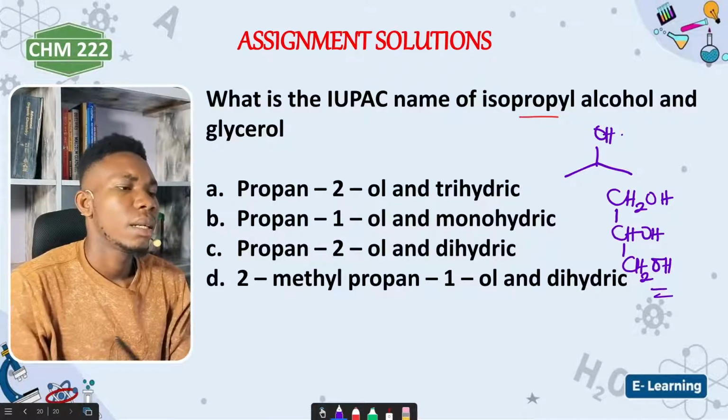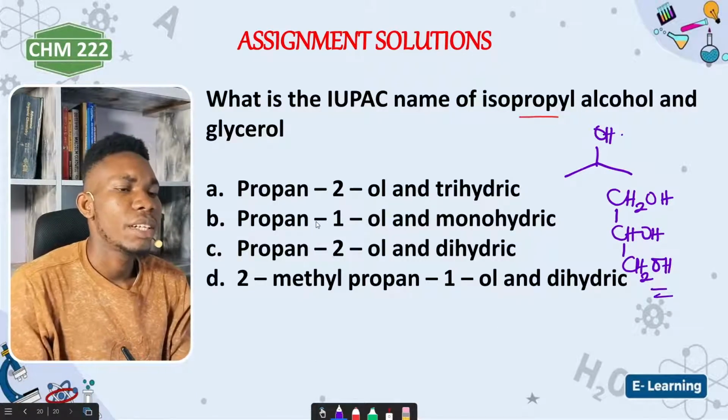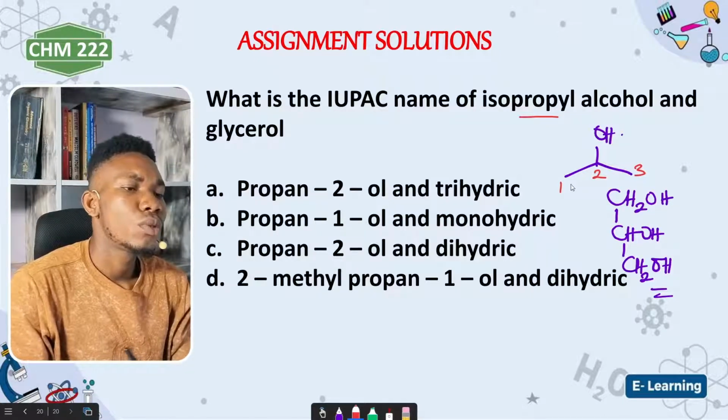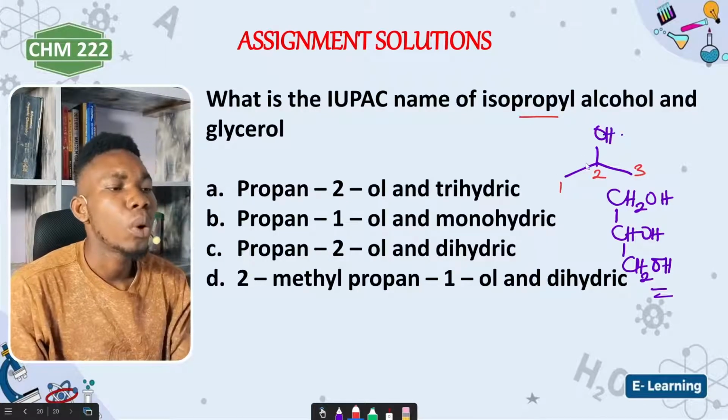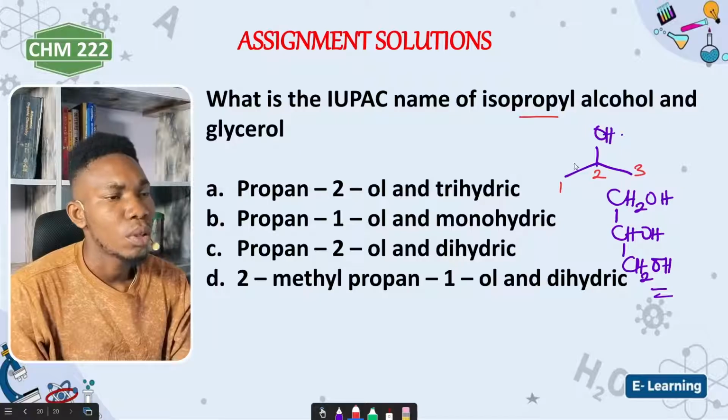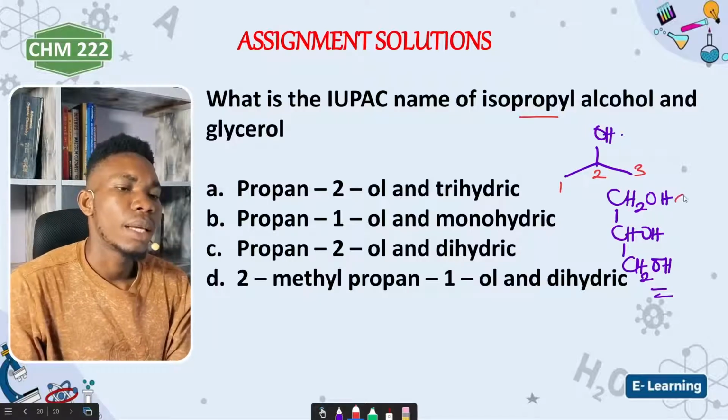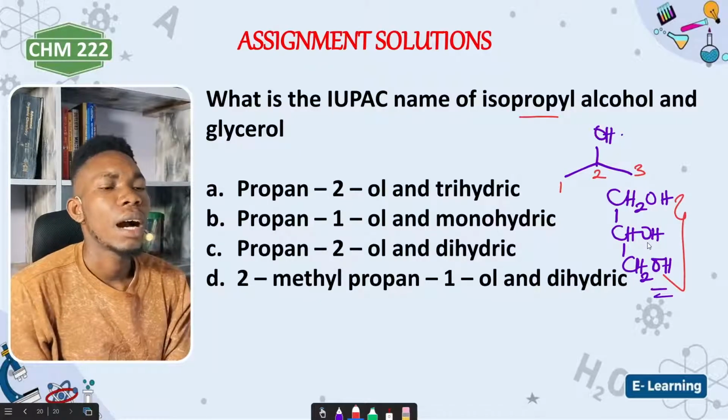All right. Glycerol is what? A trihydric alcohol. So isopropyl alcohol is also 1. If you want to name this compound, this is 1, 2, 3. At position number 2, you have an OH. 3 carbons, propane. So you say propan-2-ol, or you can say 2-propanol. So it's 2-propanol, and then this one is a trihydric alcohol.